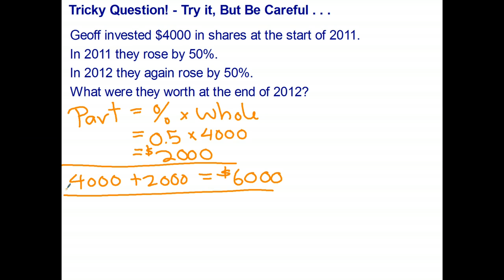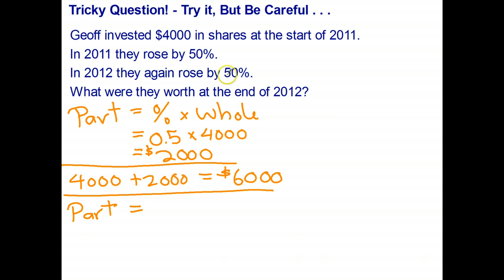Okay, now what happens in the second year? Well, once again, they go up by 50%, but here's the trick. They go up by 50% of what the shares are now worth. So now we have to work out what the shares are worth after 1 year. I'm going to do this one in one step. So the original amount, which in this case is the $6,000, is 100%.